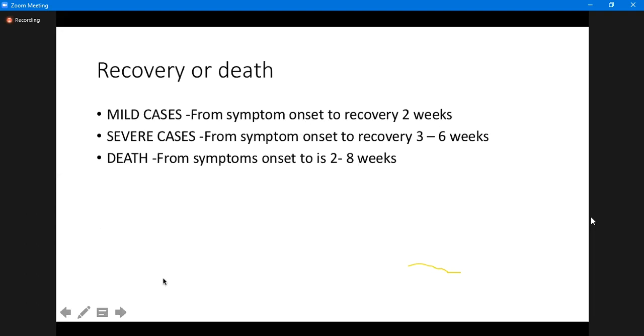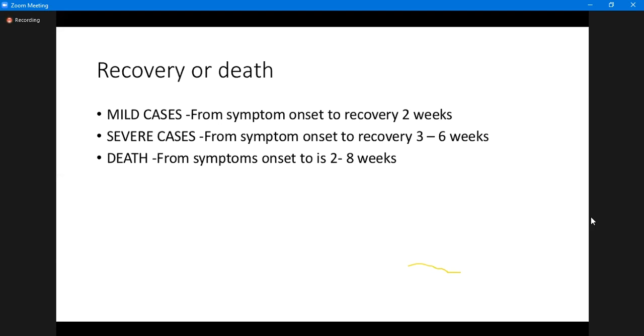Right. Now what happens after? The patient will have a very long course of illness, and severe cases will need some kind of respiratory support or ventilation, which will be discussed. And then ultimately, mild cases. So how does the recovery happen? Mild cases, from symptom onset to recovery, take about 2 weeks and they recover.